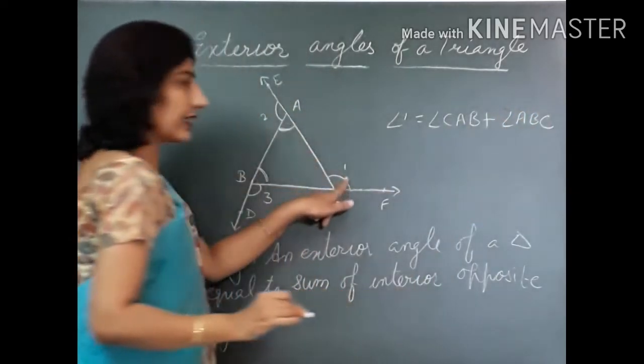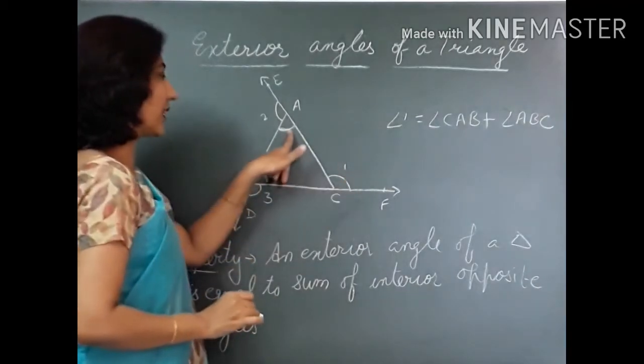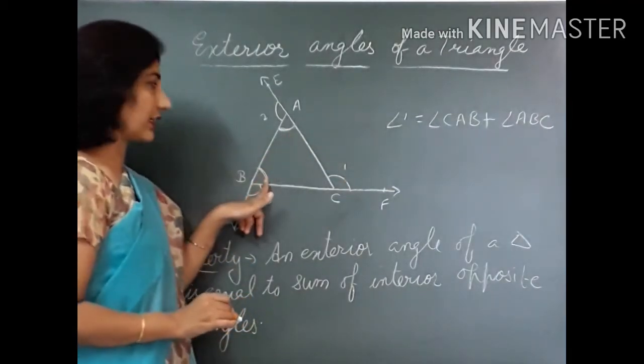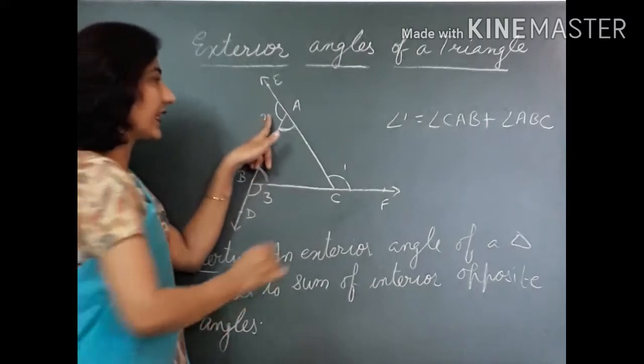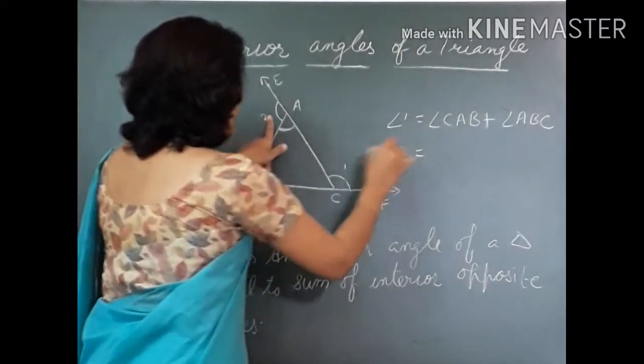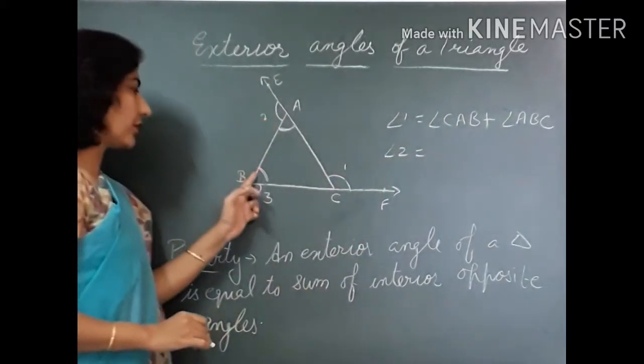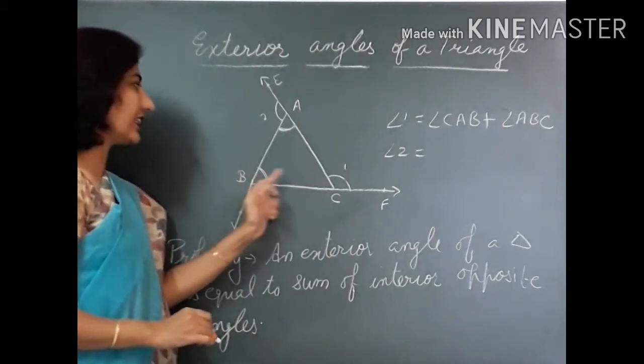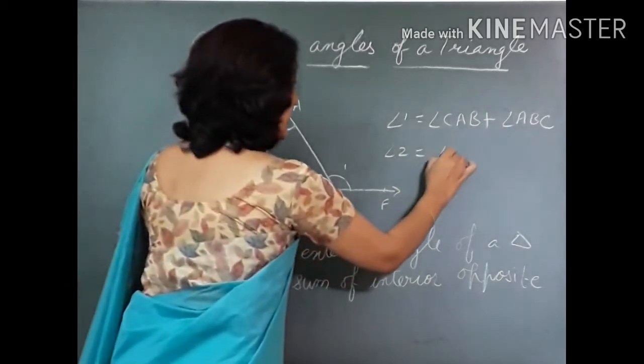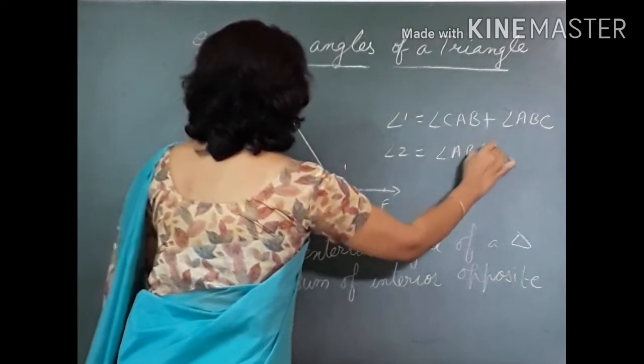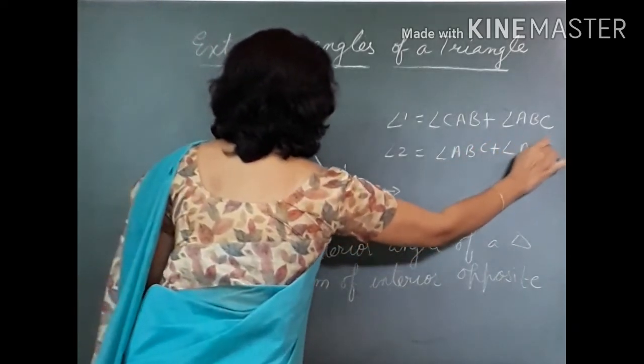The exterior angle, angle 1, is equal to the sum of interior opposite angles. Similarly, if I take angle 2, angle 2 will be equal to the sum of interior opposite angles, these two angles, and the names of the angles will be angle ABC plus angle ACB.